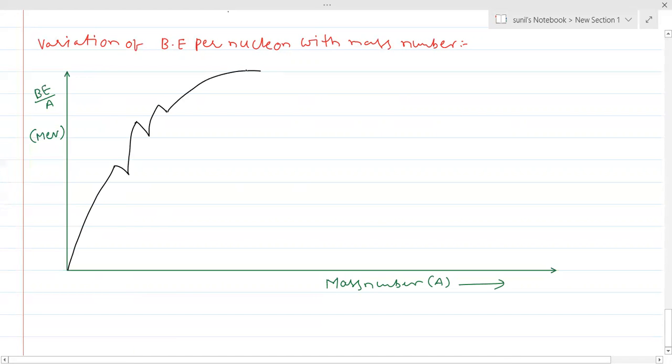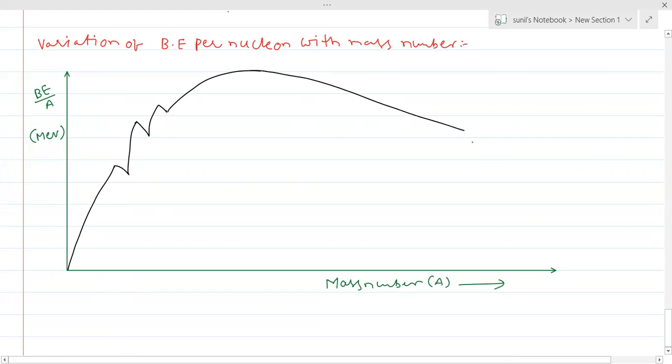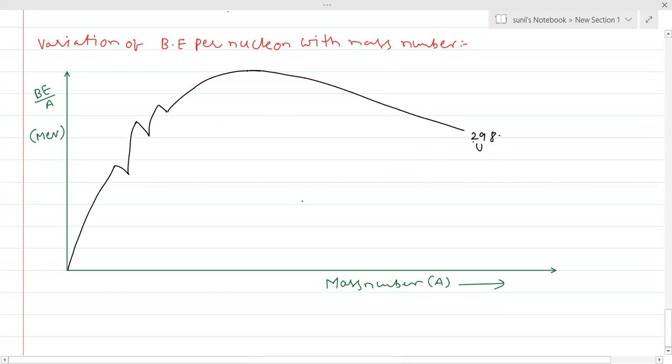Where you have maximum energy for iron, it then decreases. When we think of uranium, it has an average energy in the order of 7.6 MeV. Let us discuss it a while.